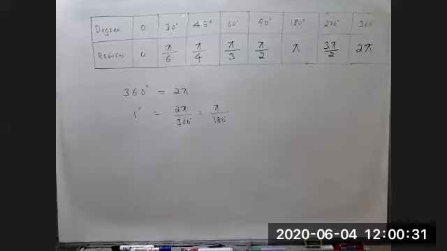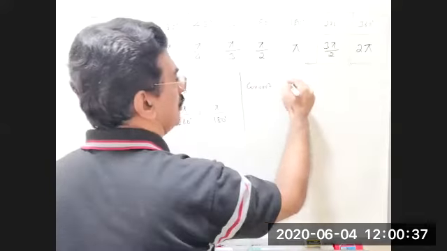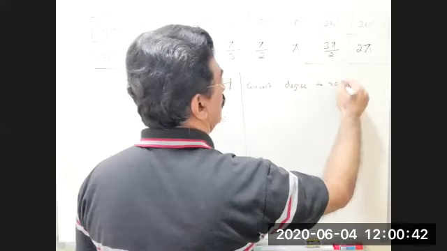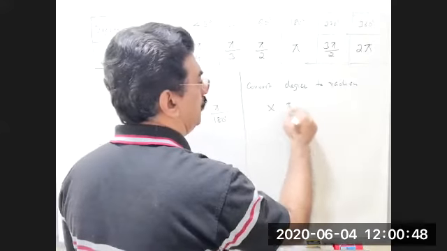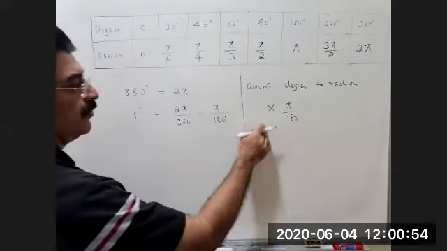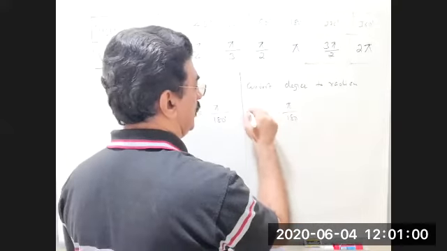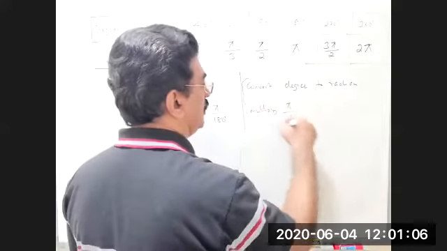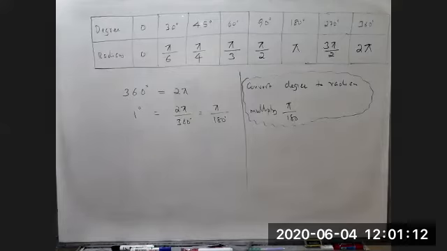That means to convert degree to radian, multiply with pi by 180.